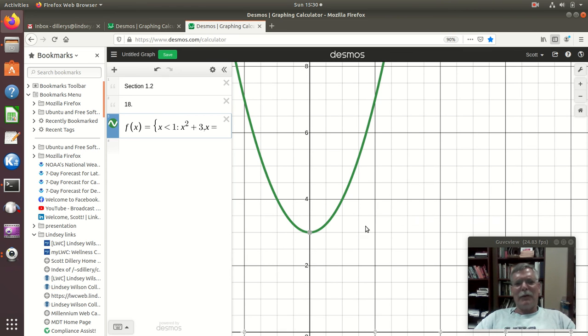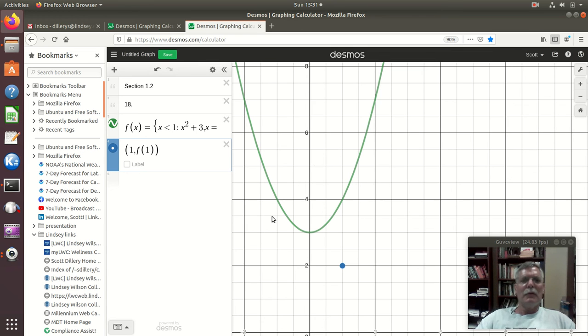If I don't, it doesn't show that point. That's weird. Now I can get it to show that point simply by saying I want the point 1 and f of 1, and all of a sudden, there it is.